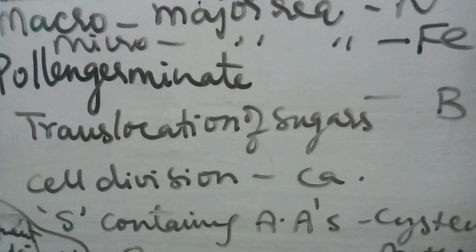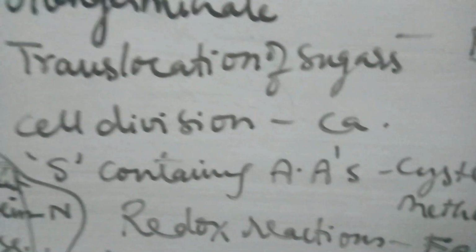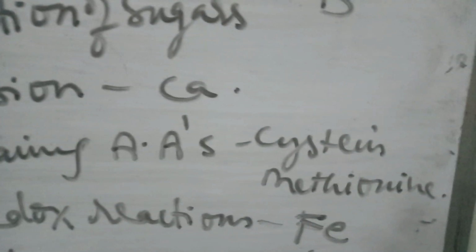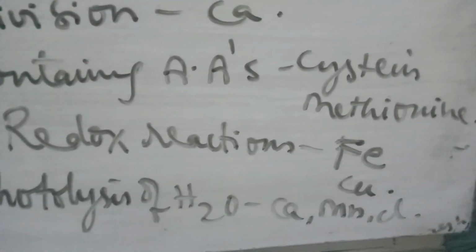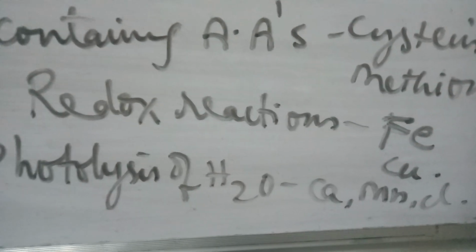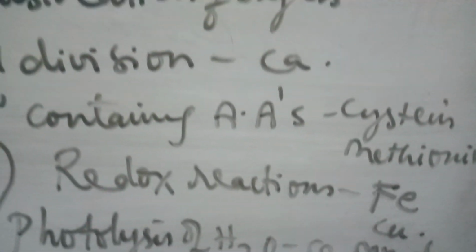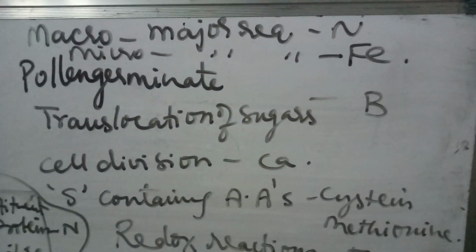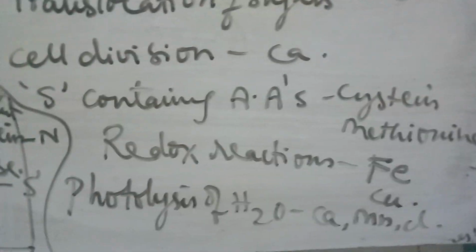In pollen germination and translocation of sugars, boron. In cell division, calcium. Sulphur containing amino acids are cysteine and methionine. Redox reactions, iron and copper. Photolysis of water, calcium, a macronutrient, and manganese and chlorine, micronutrients. These are a very important comparative list. Most commonly repeated bits will come from these.